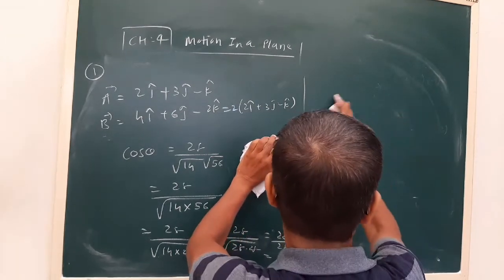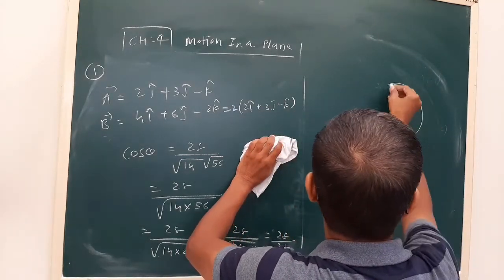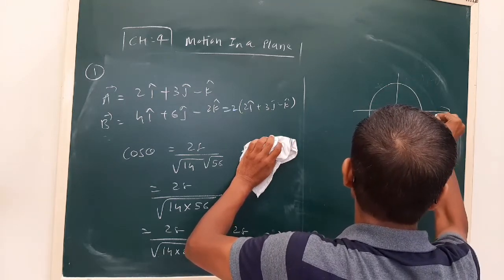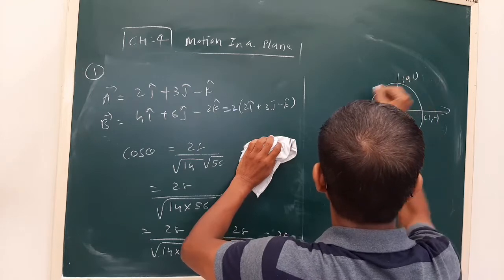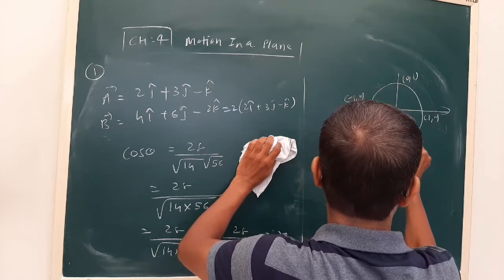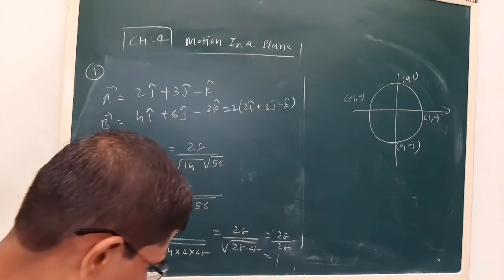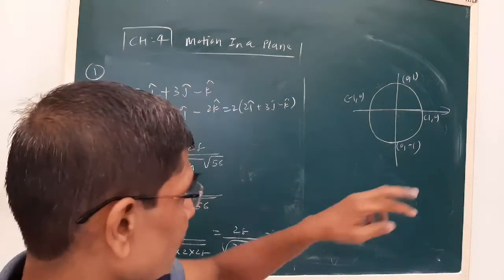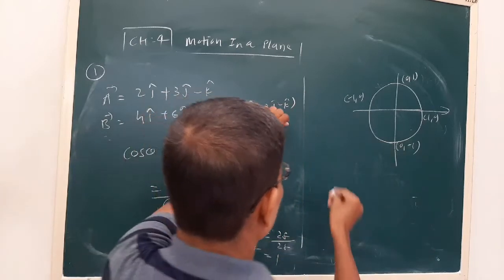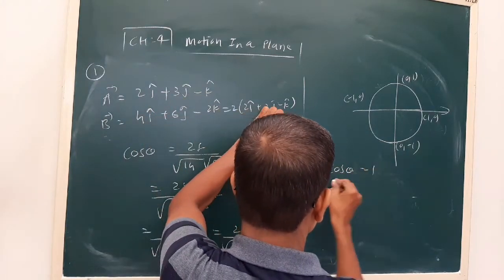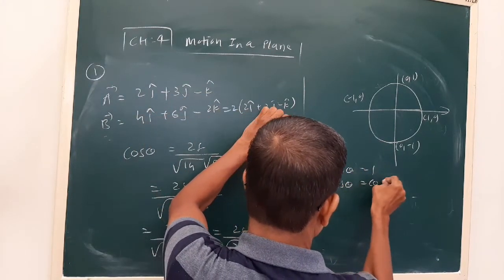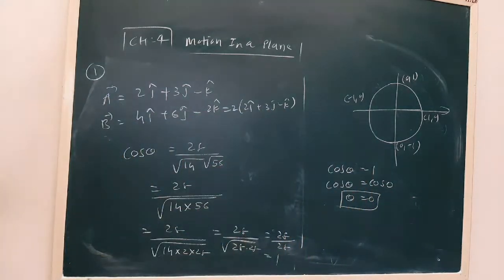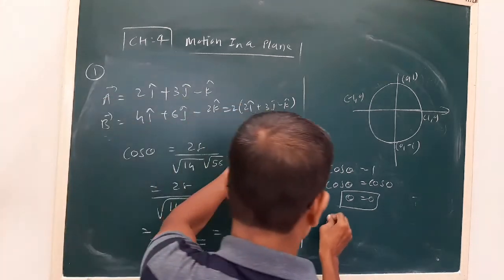So recall our table of the trigonometric ratios. This angle is 0. Now cos 0 is 1. So we can write cos theta is 1, cos theta is cos 0, theta is 0. Theta is 0 means A and B are parallel.